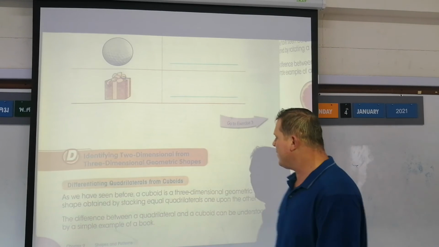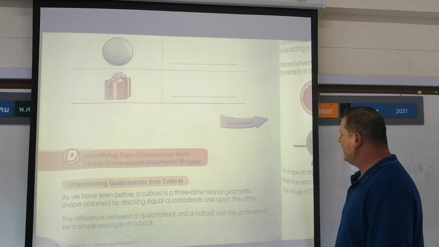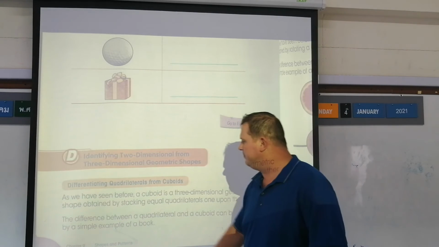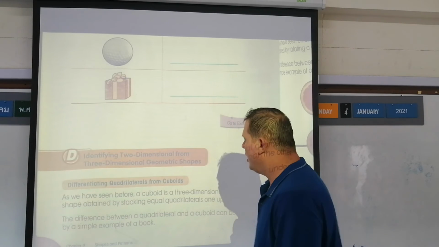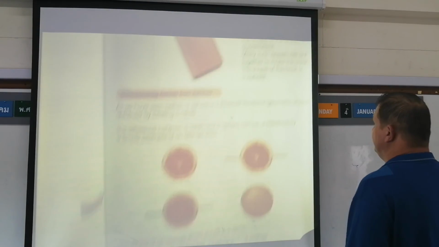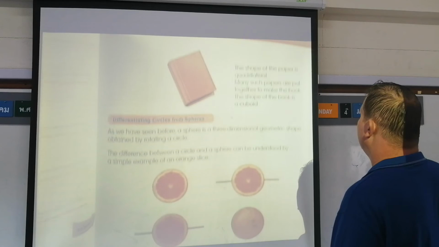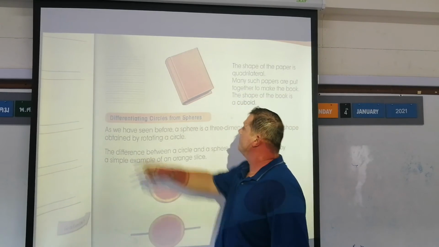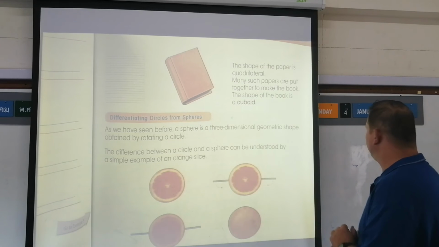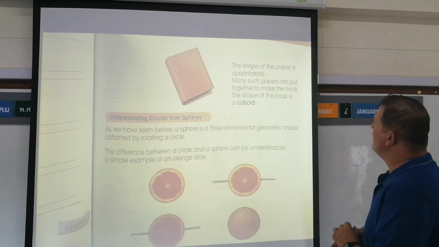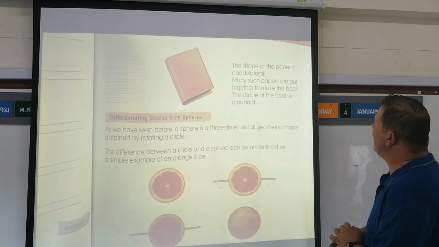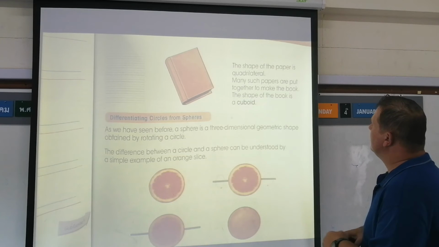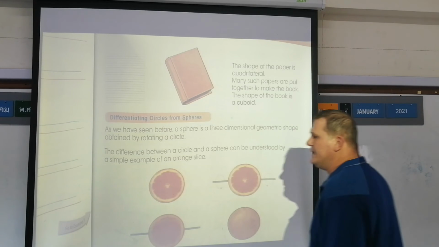The difference between a quadrilateral and a cuboid can be understood by a simple example of a book. Alright? The shape of the paper is a quadrilateral. Many such papers are put together to make the book. The shape of the book is a cuboid.